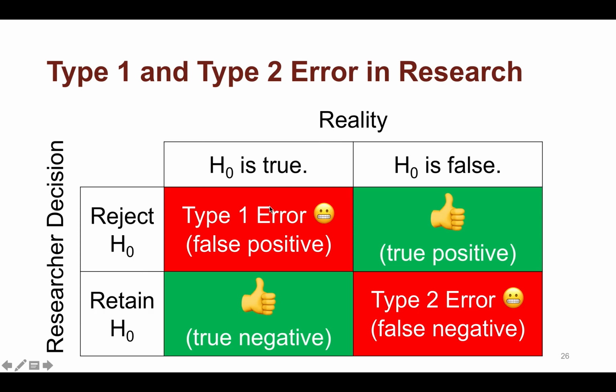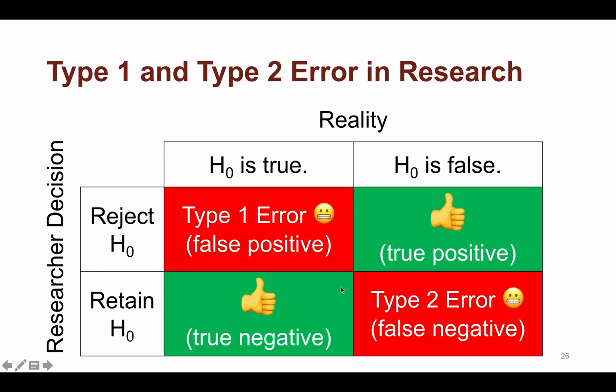And the opposite of that is if in reality the null hypothesis is false, but you retain it, that would be committing a type 2 error, a false negative. Basically, it means that there really is some interesting finding, like maybe the drug really does work, and you're concluding that it doesn't. So it's a false negative. You're missing out on the opportunity to report some interesting finding.